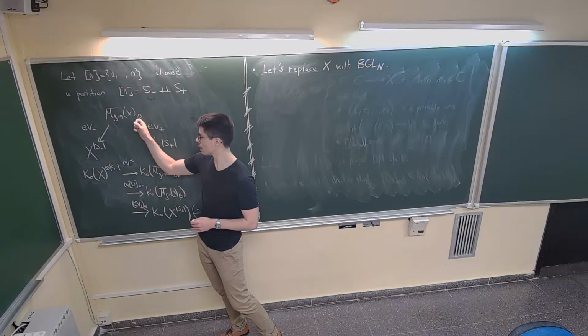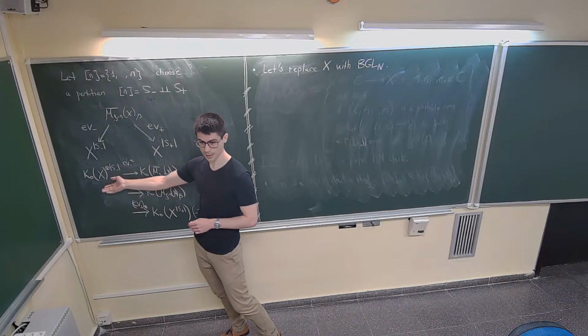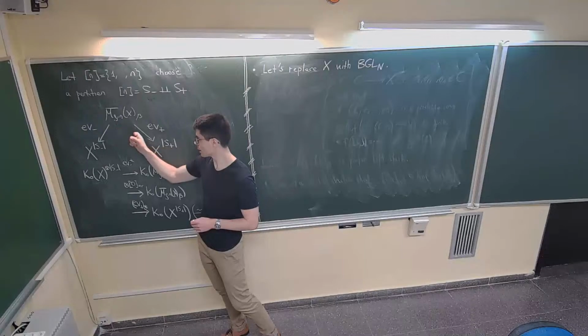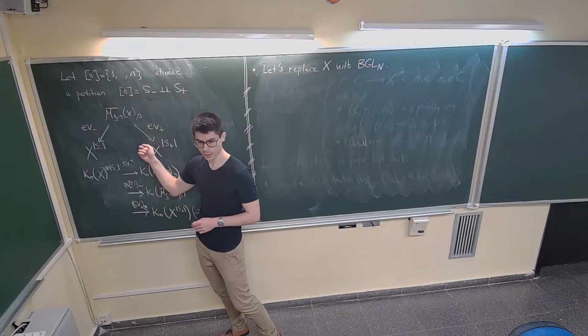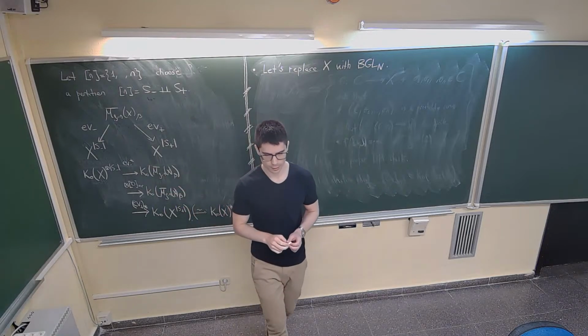So I would introduce some variables that keep track of the curve class. So it wouldn't be over just some field, I guess in here I could be thinking over Z or over Q. But it's going to be over something that is sometimes called a Novikov ring, so it's going to be power series.